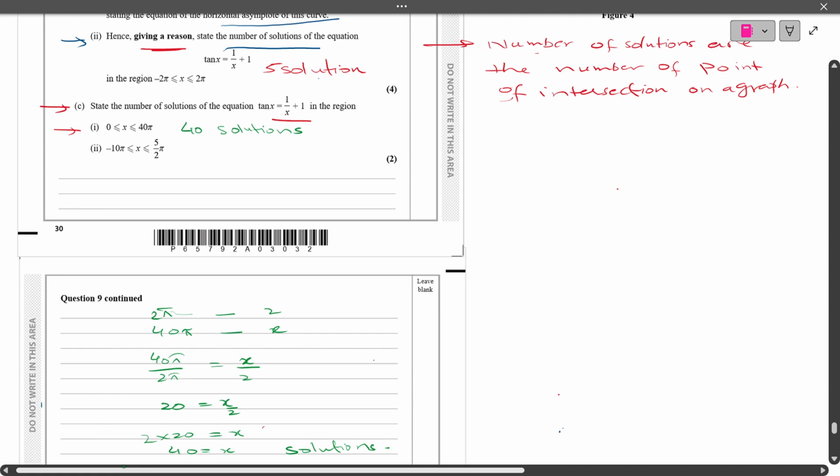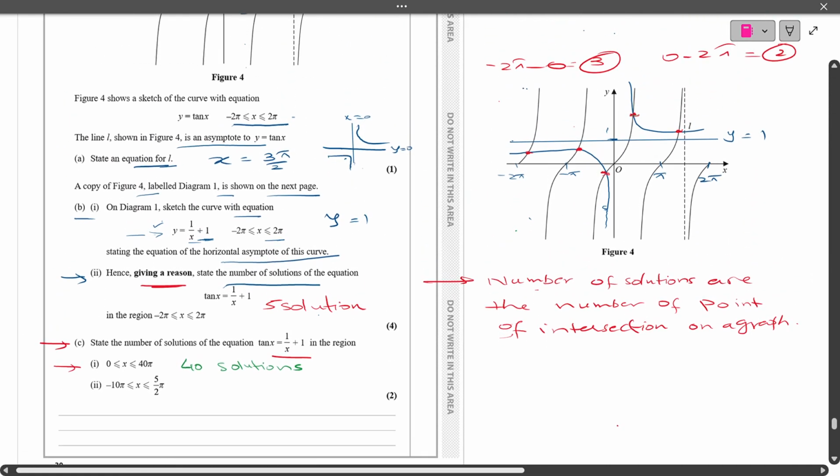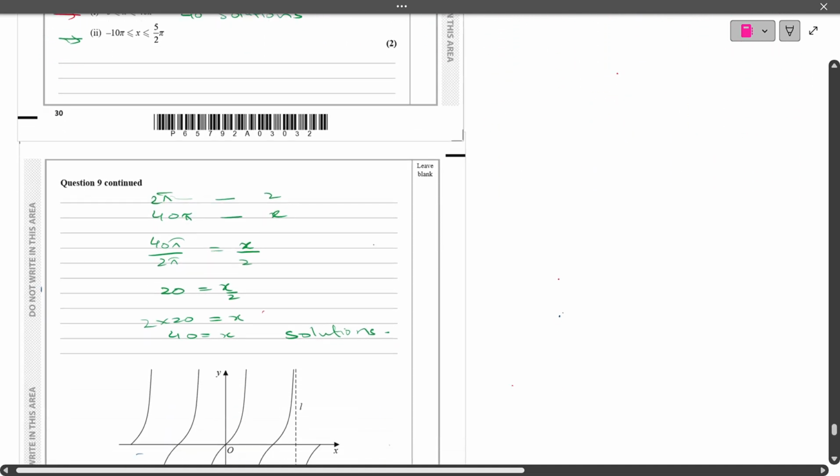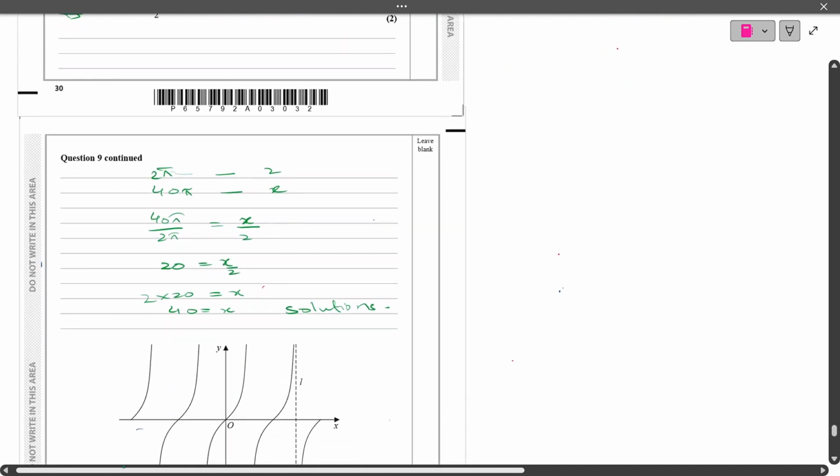Okay, let's move on to the second part of the question. So the second part of the question is negative 10 pi to 5 over 2 pi. So let's break this interval into two parts, okay? If I break this interval, I have here negative 10 pi to 5 pi over 2.